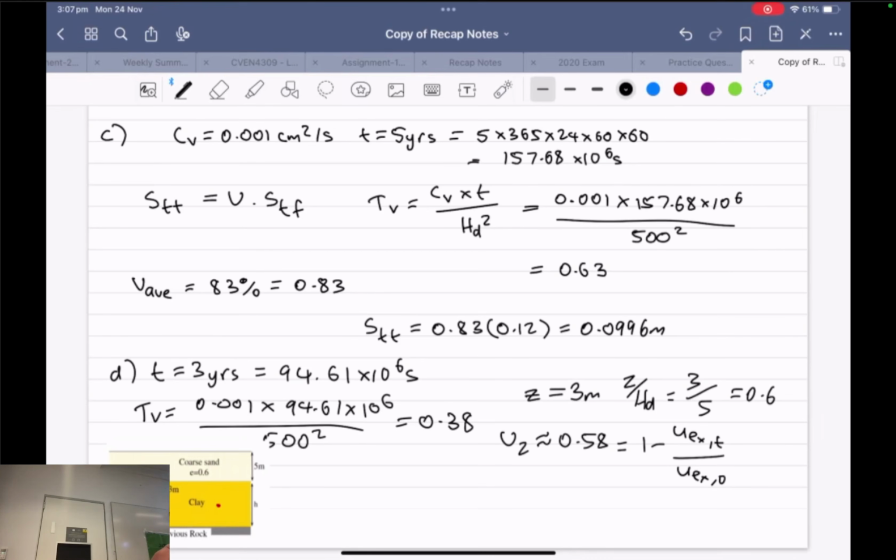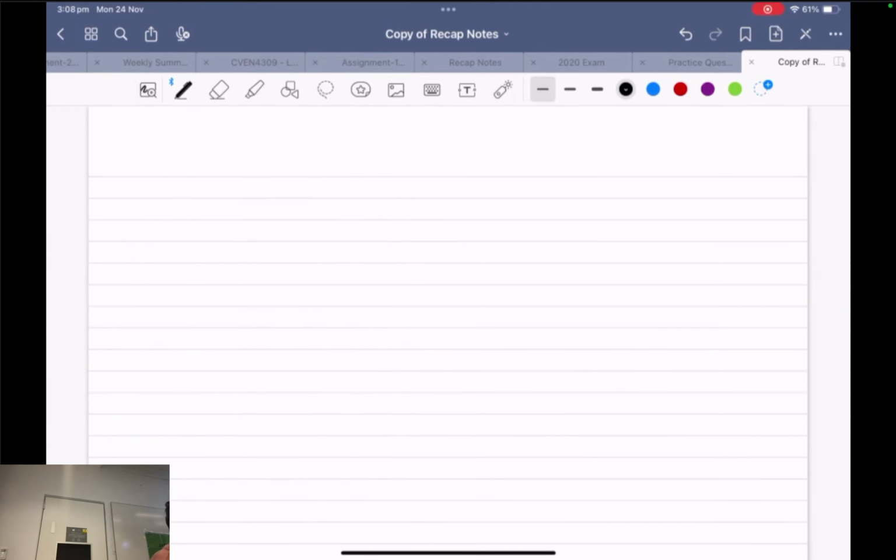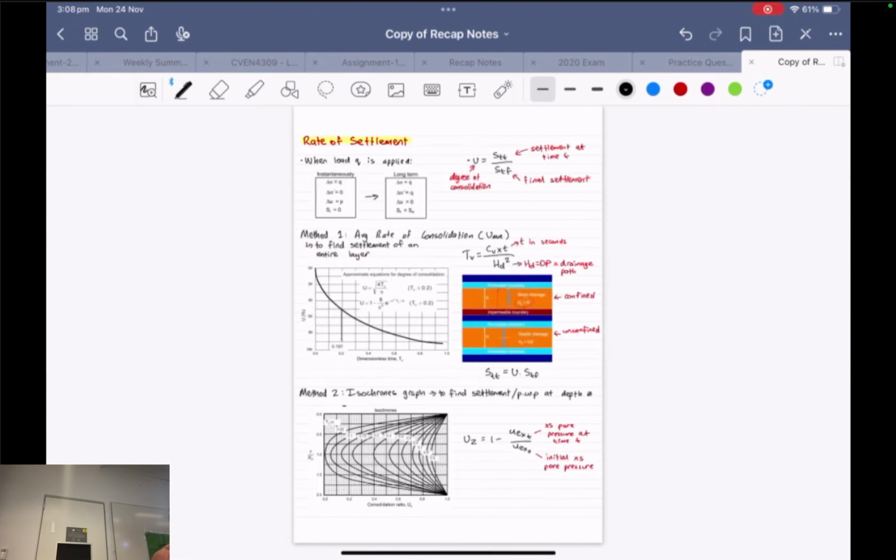So what you do here is find ue0 and uet. ue0, the initial pore water pressure at time 0, is just equal to the amount of load being applied. Remember when we talked about that analogy?